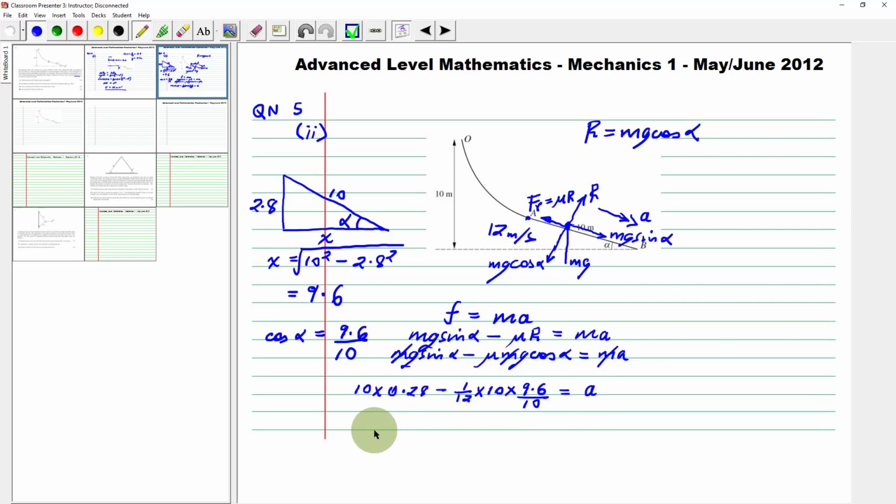So this one is going to be 2.8 minus, this 10 here cancels out with this, so we get 9.6 divided by 12. That gives us 0.8.